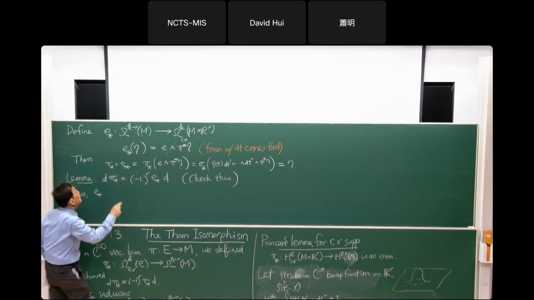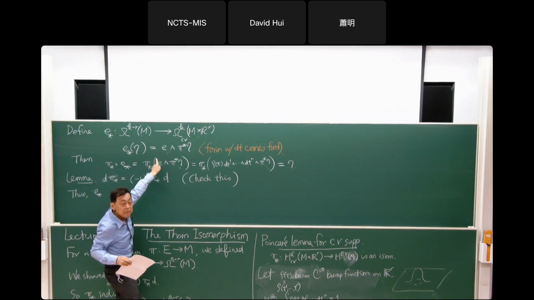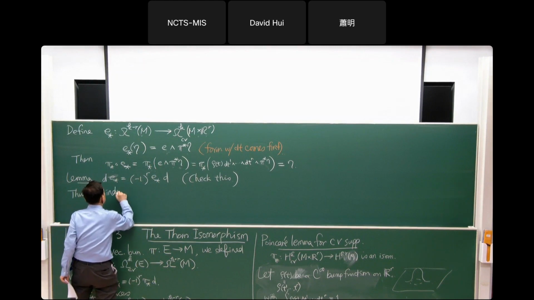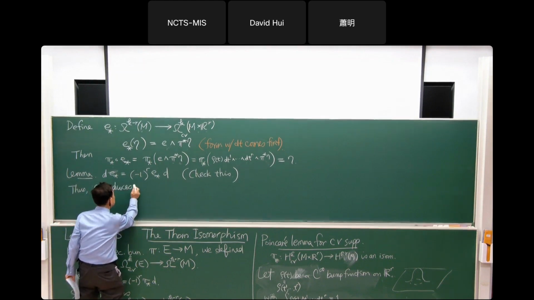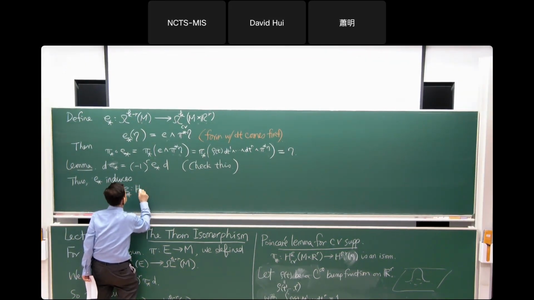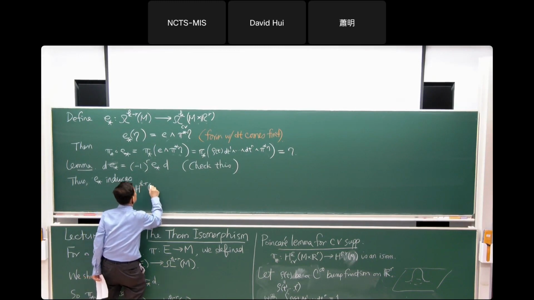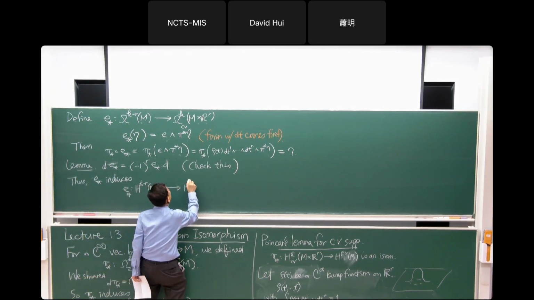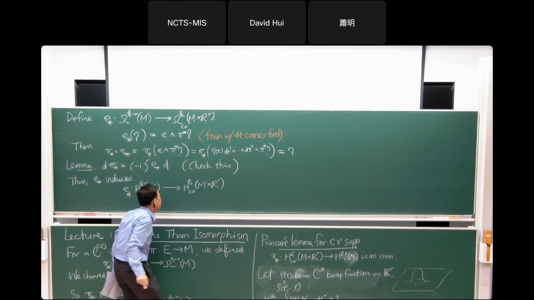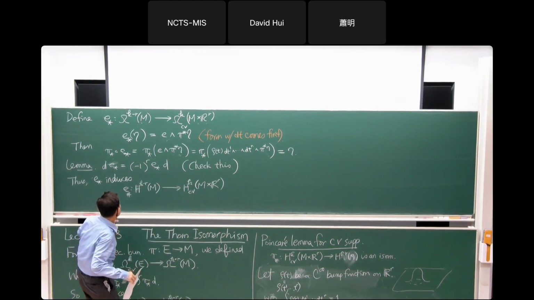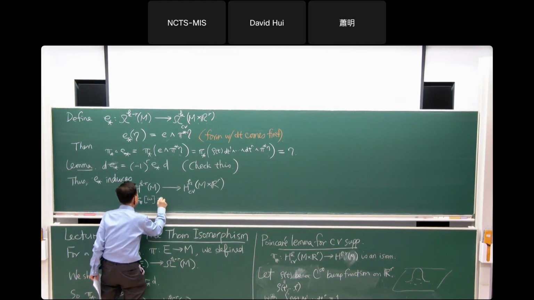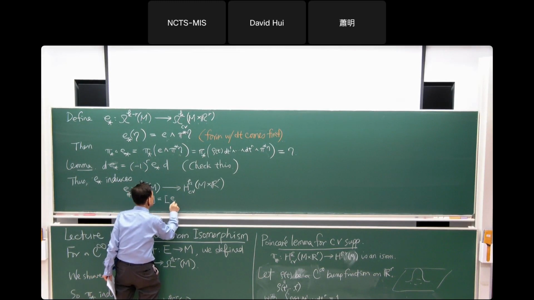And so E lower star defined on the forms is a cochain map. And so it induces a map in cohomology, E lower hatch. And E lower hatch of a cohomology class is just the class of E lower star.